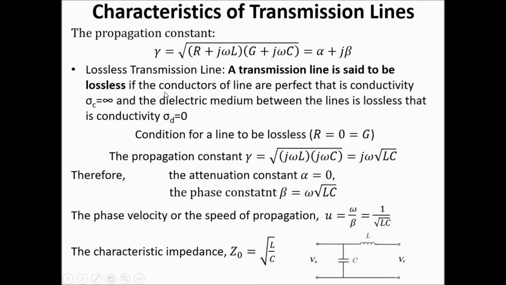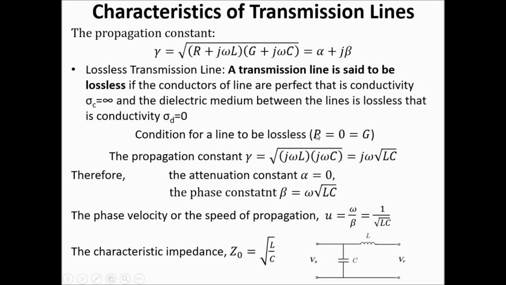So if this condition meets, if conductivity is infinity, that means resistance of the conductor will be zero, and if the conductivity of dielectric is zero, that means the conductance G is zero.